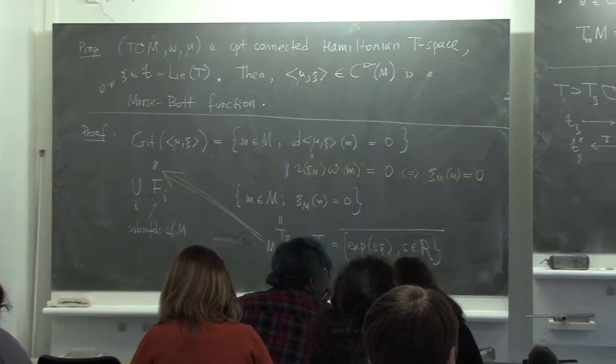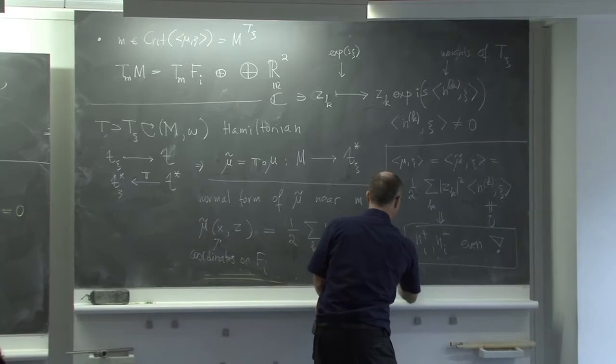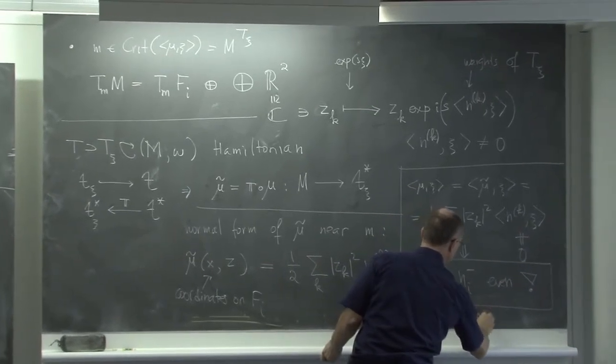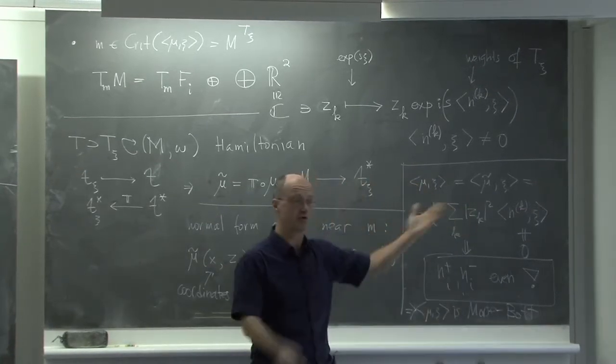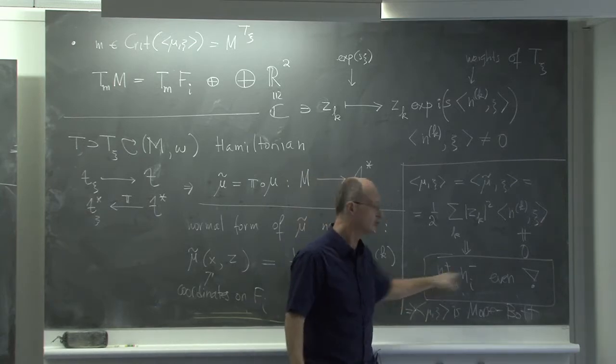Even before saying that, we see that mu psi is Morse-Bott because we explicitly know how it looks near a critical point.